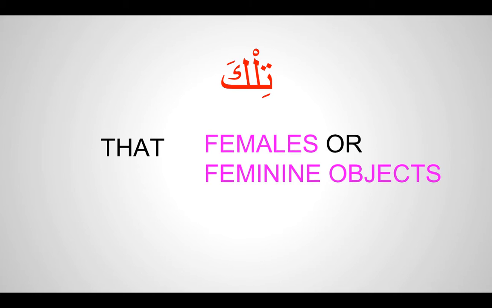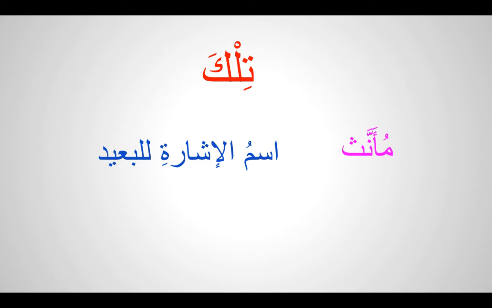So tilka is that: a demonstrative pronoun for females or feminine objects. In Arabic it's called ismul isharati. Ism means noun, ishara means pointing. So noun of pointing, lil ba'id, for things which are far, and it is mu'annath, feminine.